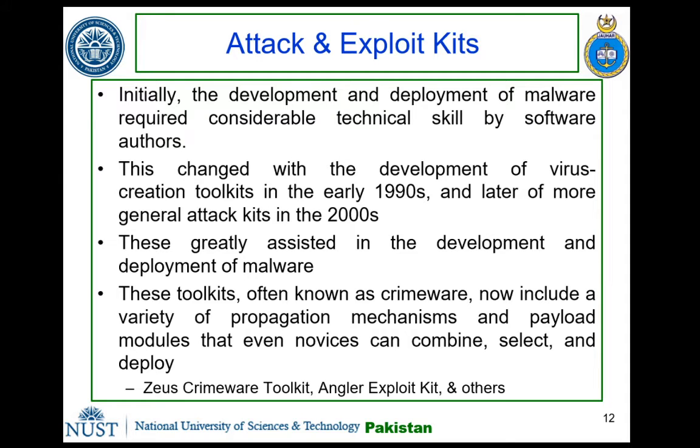The Angler exploit kit, first seen in 2013, was the most active kit seen in 2015, often distributed via malvertising that exploited Flash vulnerabilities. It is sophisticated and technically advanced in both attacks executed and countermeasures deployed to resist detection.